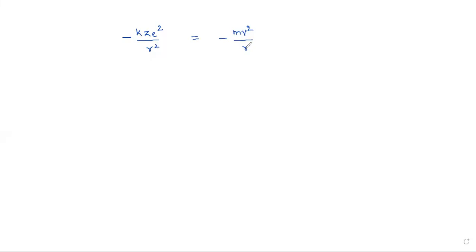Okay. You know, this k here can be given as 1 by 4 pi epsilon naught, where this epsilon naught is the permittivity of free space.